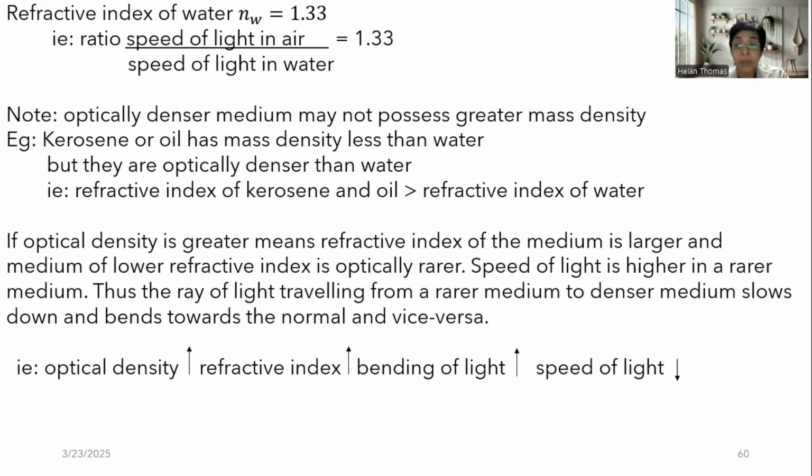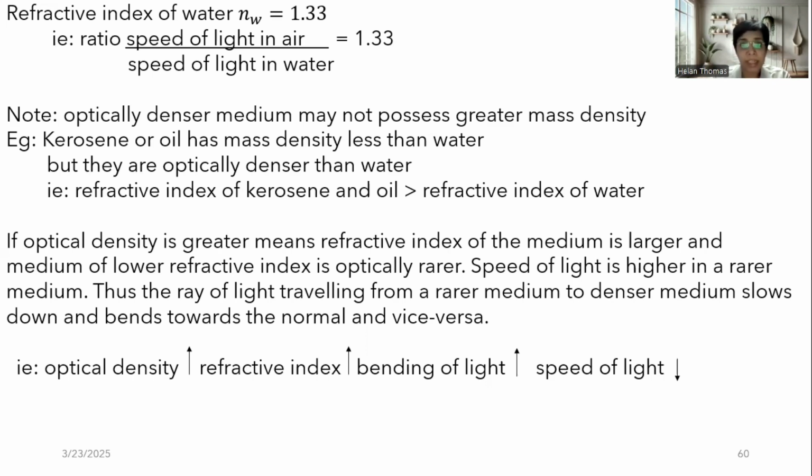That is why the speed of light will be lower in a denser medium, where the ray moves closer to the normal. In the optically rarer medium, the speed of light is higher, and the light ray moves away from the normal.